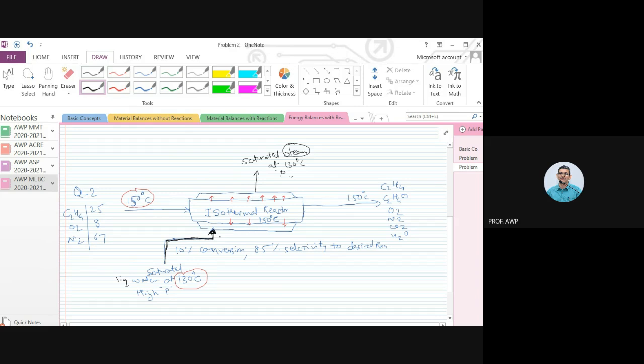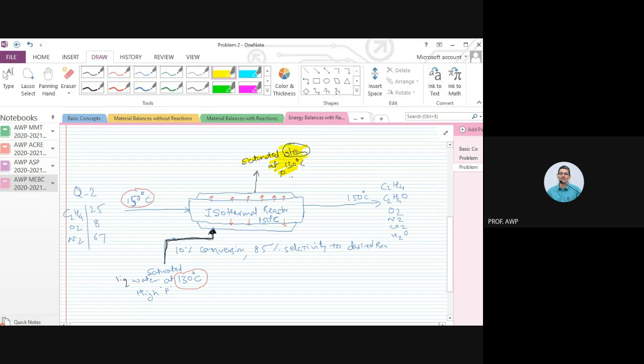That requires heat. I remove that heat from the reactor and use it to convert liquid water into steam at high pressure. Look at the steam tables video.